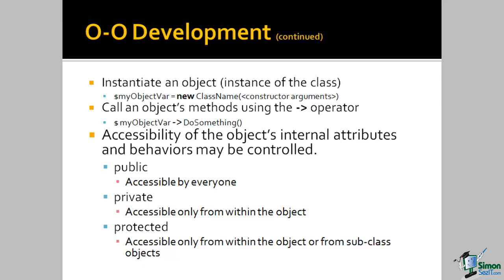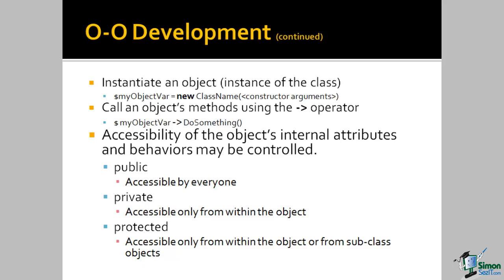Now we want to interact with the object, the behavior in the object. We have another new operator. Although we've seen this before, in this case, the arrow operator, which is the minus sign and the greater than symbols, allow us to call the internal behavior of an object.